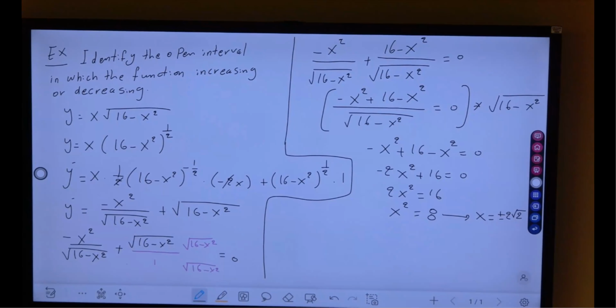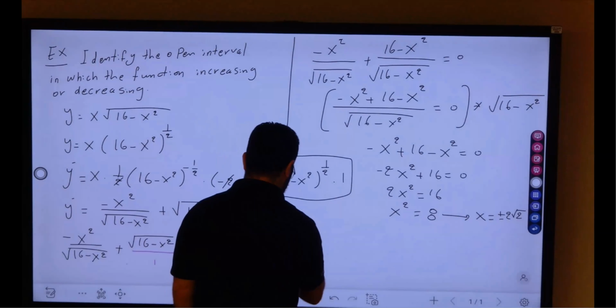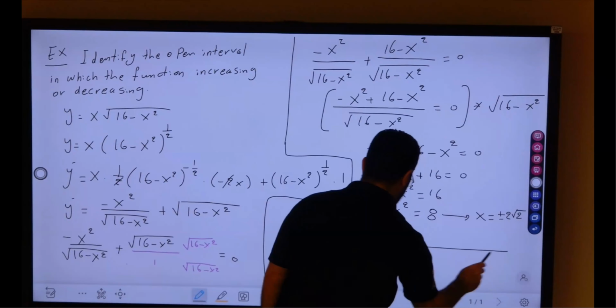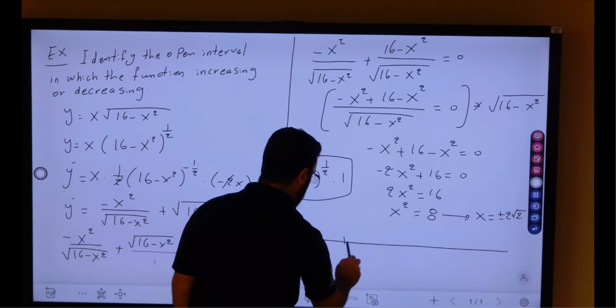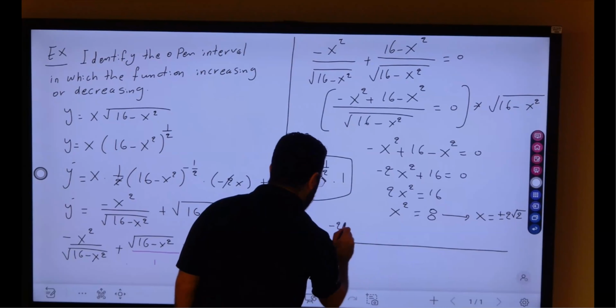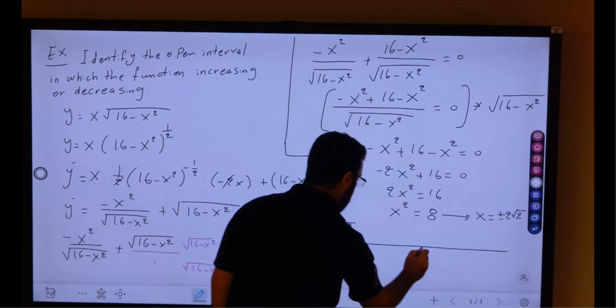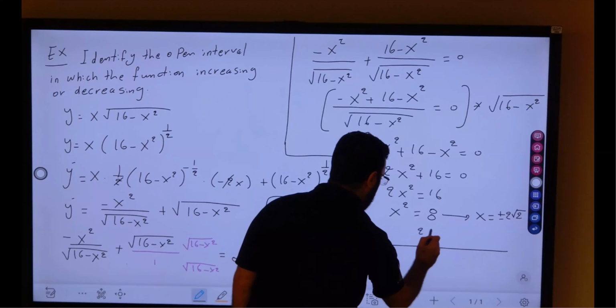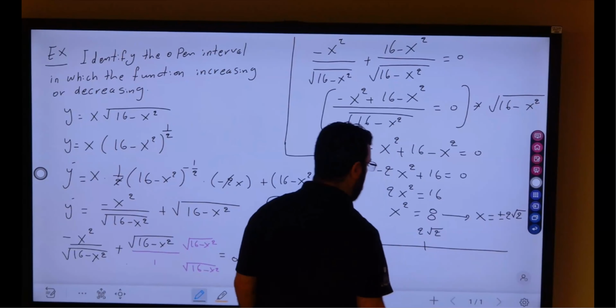Now, how many critical numbers do we have? Here is negative 2 square root of 2, and here is positive 2 square root of 2.